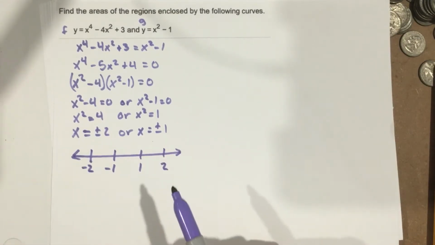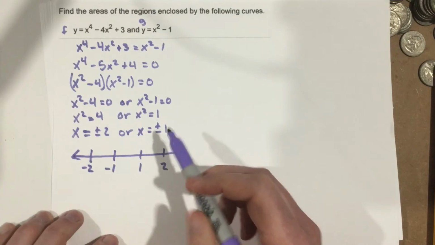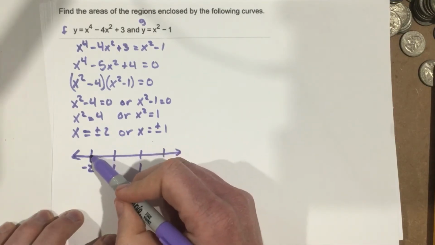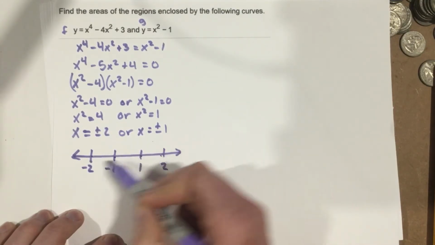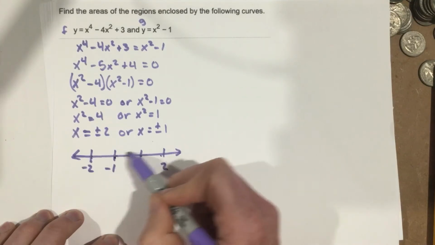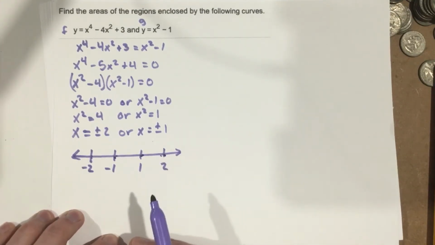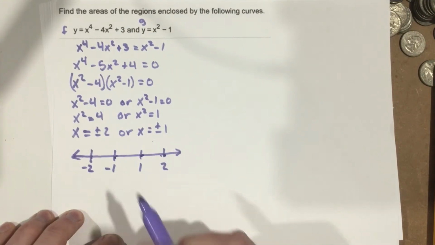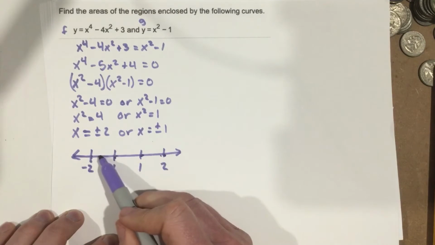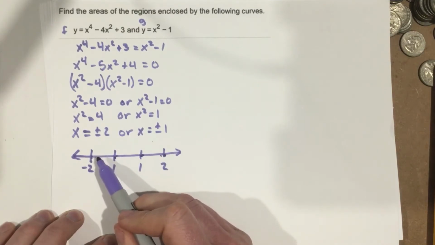Now I'm trying to find the area between the two curves. Well, between the two curves occurs between the roots. So from negative 2 to negative 1, from negative 1 to 1, and from 1 to 2. However, we looked at the graph, and we noticed that between negative 2 and negative 1, one function was larger than the other function.